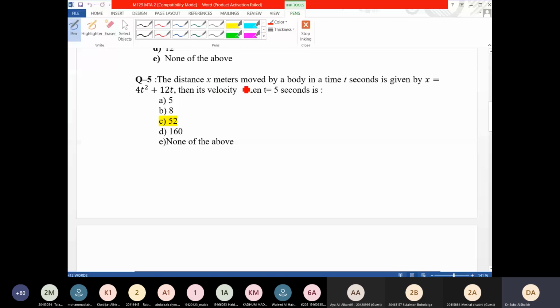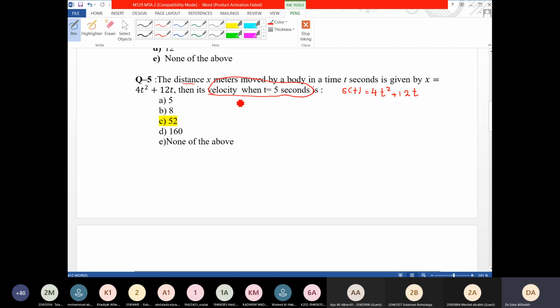The distance in meters moved by a body in a time t seconds is given by this. What is this? This is s of t, right? They call it x, but it's s of t, which is the distance traveled. It's given by 4 t squared plus 12 t. What is the question? The velocity when t is equal to 5 seconds.